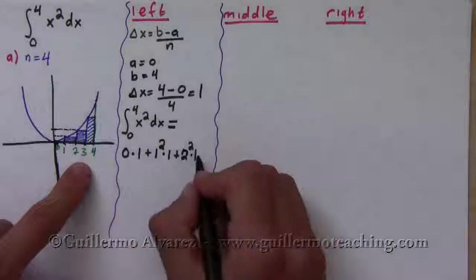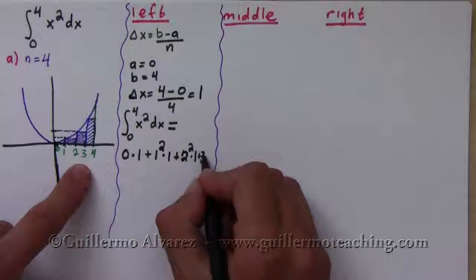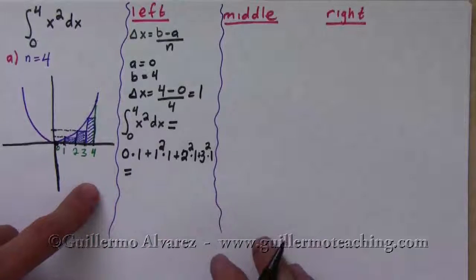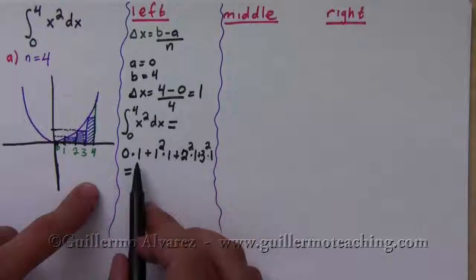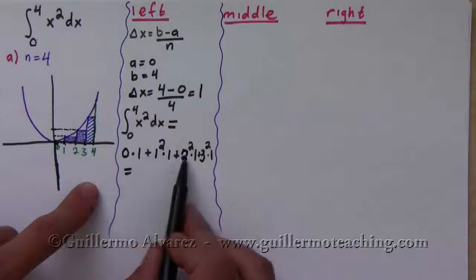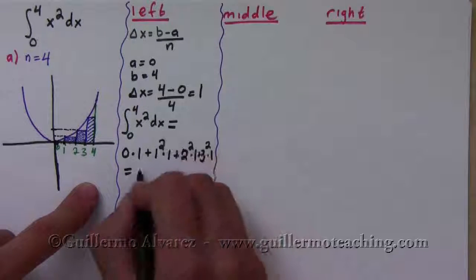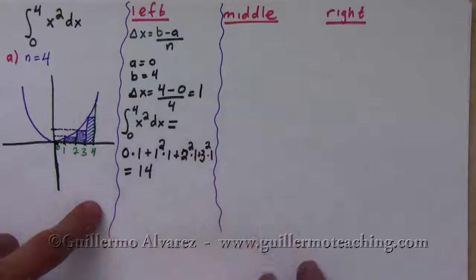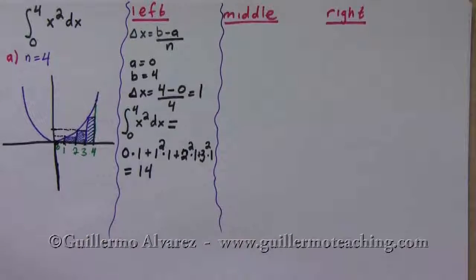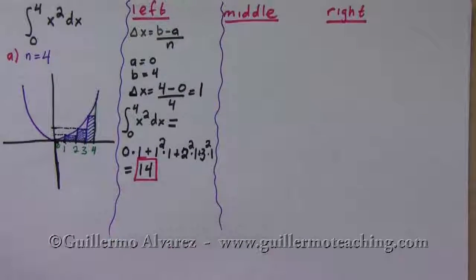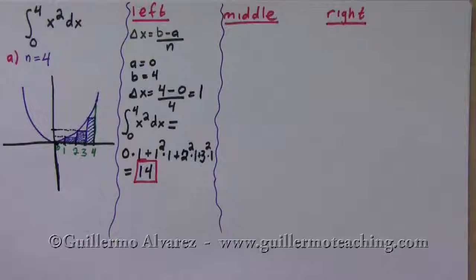And then the last one is going to be plus 3 squared times 1. And if I add all these up, this is going to be 0 plus 1 plus 4 is 5 plus 9 is 14. And so this is the left-hand approximation. Okay.